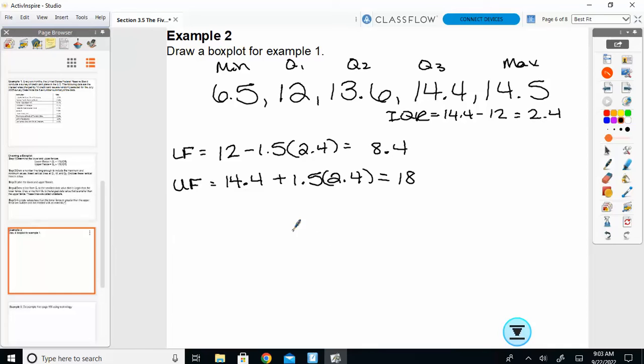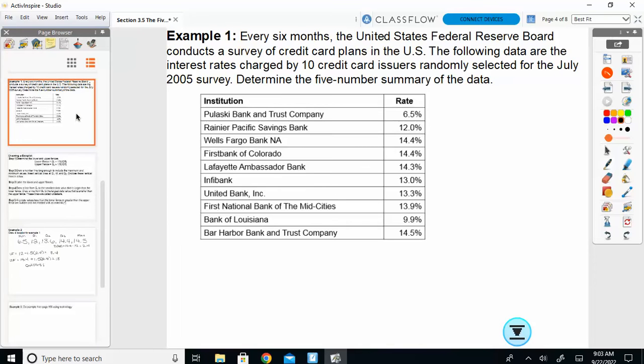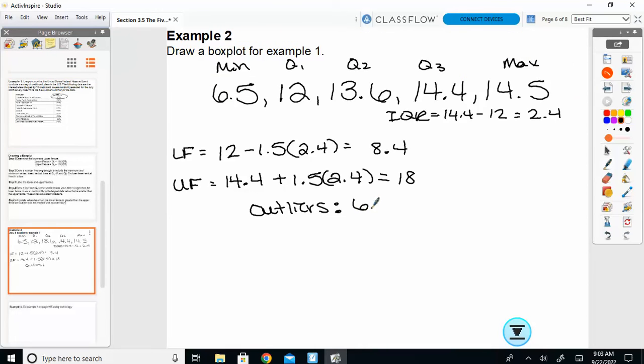And we get 18. Do I have outliers? Are you sure? Look back at your data from yesterday. Do we have anything smaller than 8.4 or bigger than 18? 6.5. So we do have an outlier.